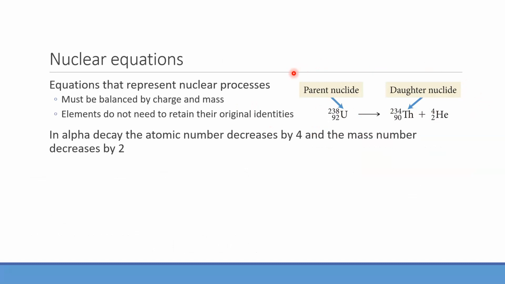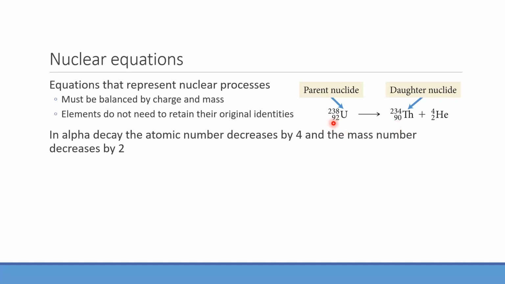So much like we can with chemical equations, we can write nuclear equations and balance them. Unlike with chemical equations, we don't necessarily retain the original identities of the compounds. But like chemical equations, we have to balance them by charge and mass. So let's look at alpha decay. We have the atomic number decreasing by 4 and the mass number decreasing by 2.